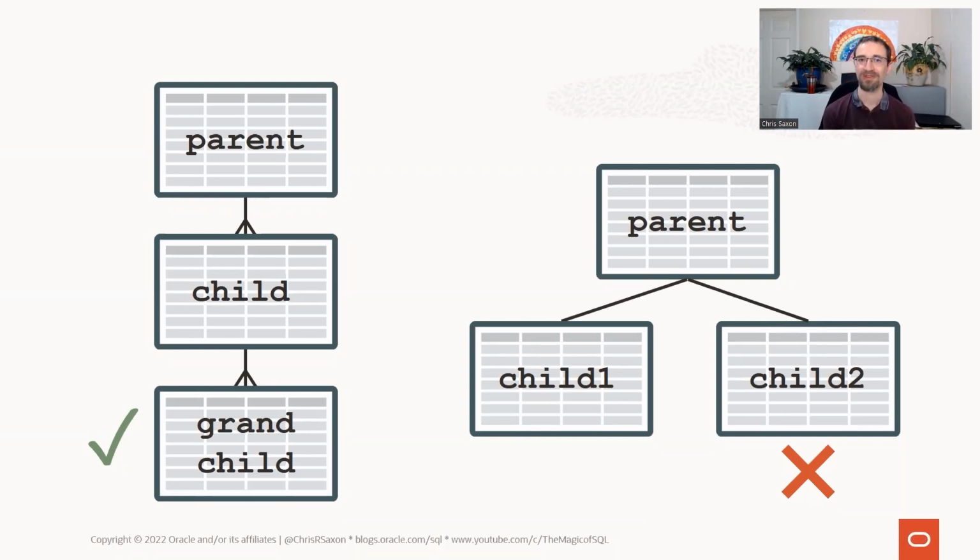Certainly when it comes to stuff like GDPR, right to be forgotten, you can be in the situation where you have to remove specific rows and resolve all the relationships there. That can be a very tricky problem to get around, right? And it's not so straightforward.